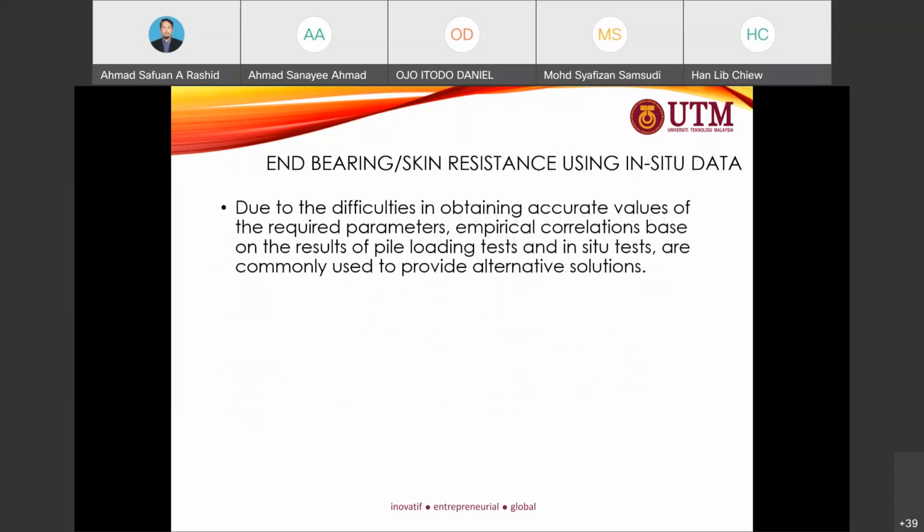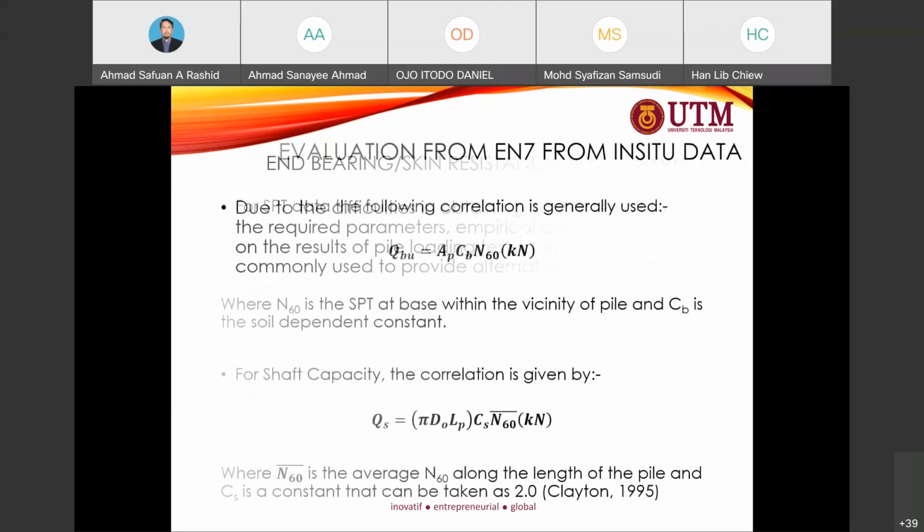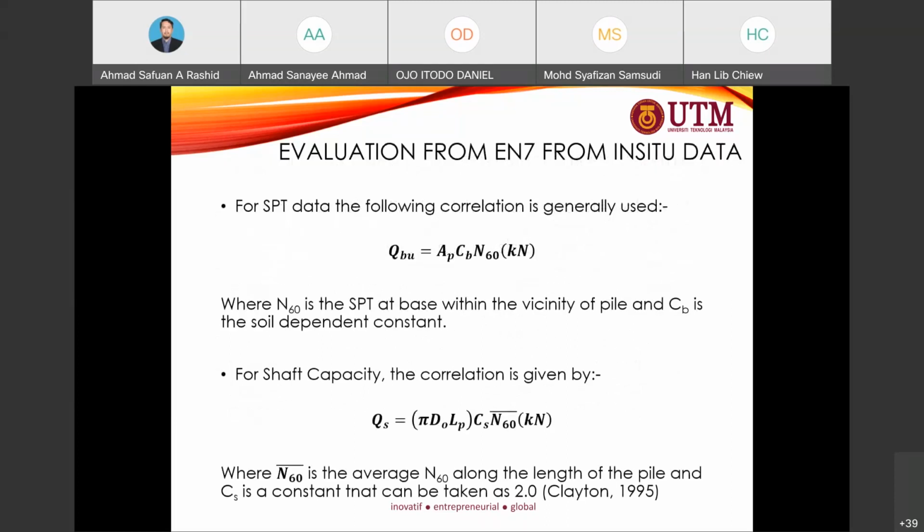It's better to use the in situ or loading test to estimate the pile capacity. For example, for the empirical test, we may use the SPT value to estimate the capacity for the end bearing and also for the skin friction.